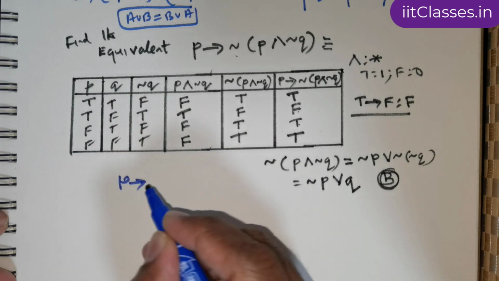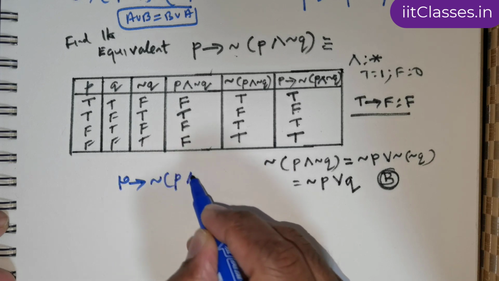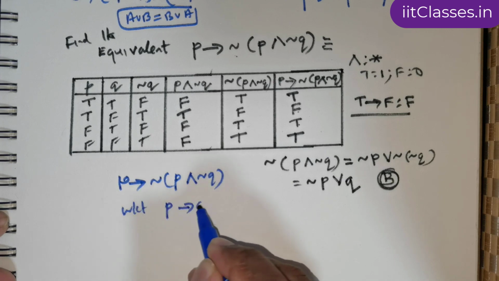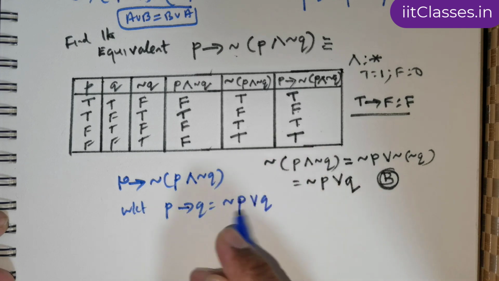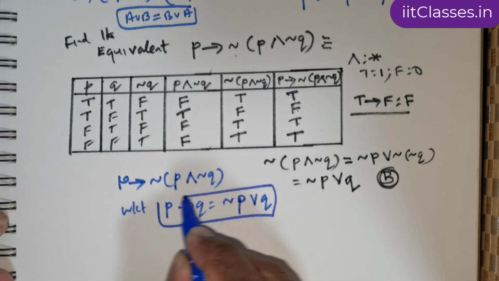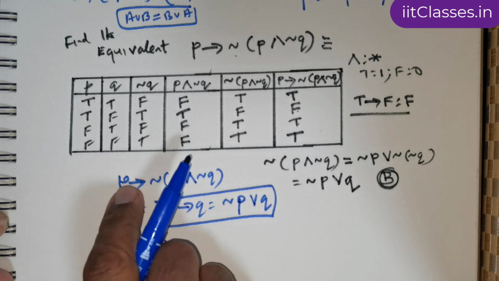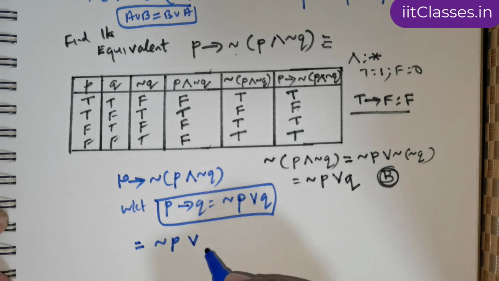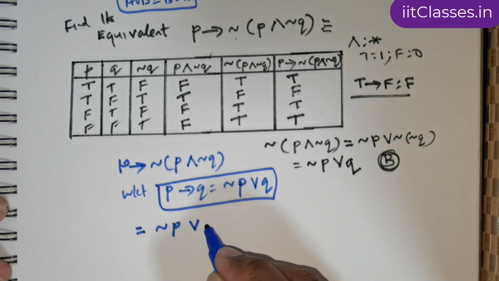So we are given this proposition, P conditional of negation of P conjunction negation of Q. Now we know this formula, P conditional Q is equal to negation of P disjunction Q. If I were to apply this formula, then we could rewrite this as negation of P followed by the disjunction and then the quantity over here.